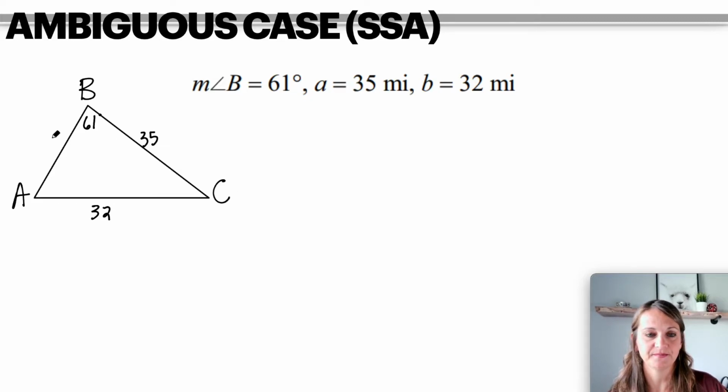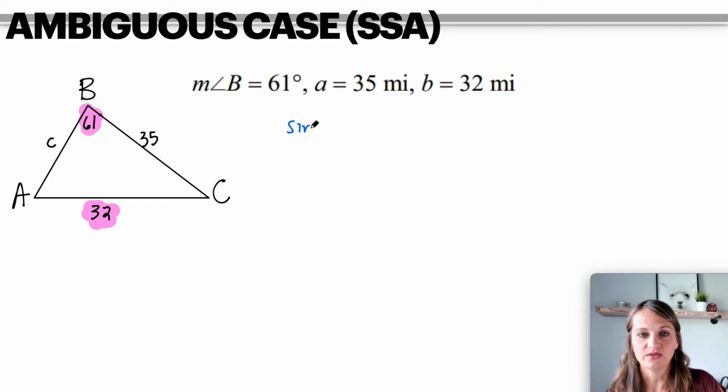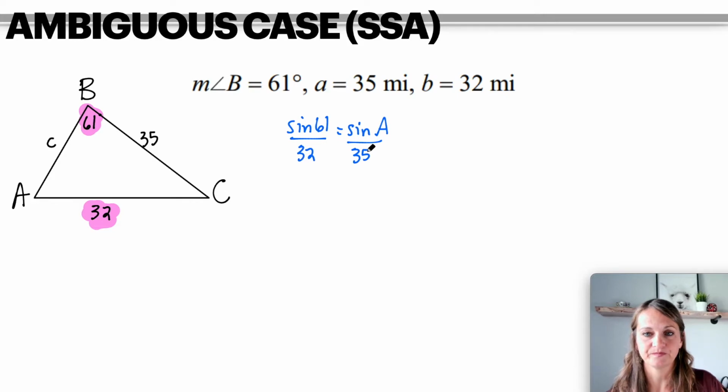We don't know C. We automatically know that there is an angle and its opposite side, so we can go ahead and try to find angle A. So the sine of 61 divided by its opposite side is going to equal the sine of A divided by its opposite side.